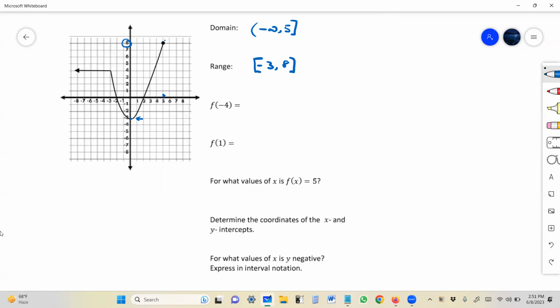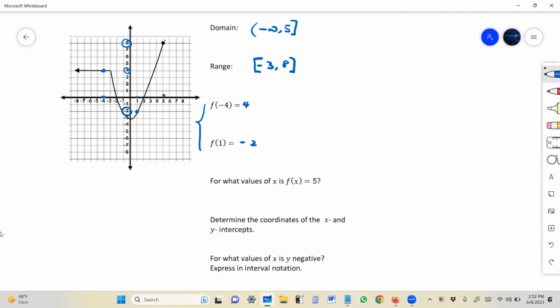Right? We evaluate these two values. I go to negative 4 for x, and I go to where the function is, right here. And at this point, I pick the y coordinate. Same thing for the 1. You go to x equals 1, you go to where the graph is at 1, and then you pick the y coordinate.